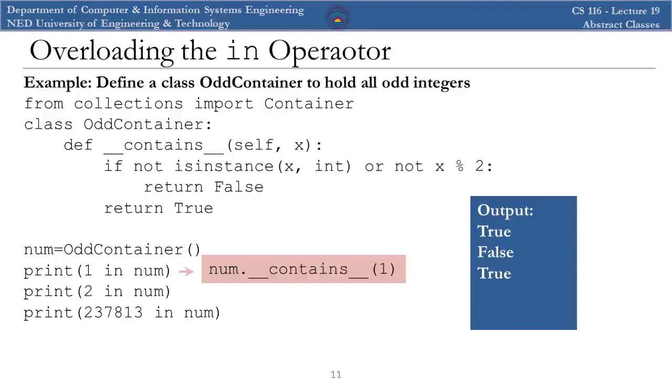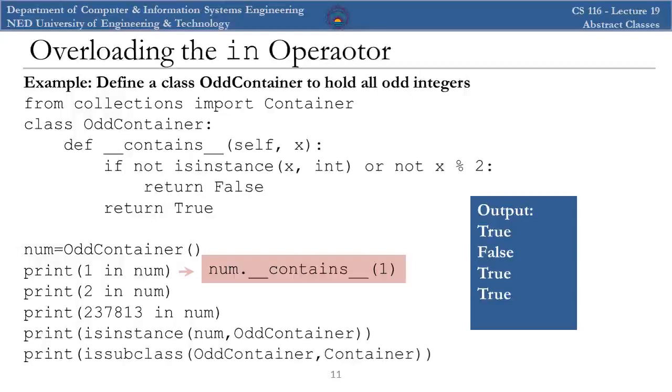Okay, now let me show you one more thing. If I call this isinstance method, isinstance will check if num is an instance of OddContainer. So this should also return true, because that is actually true. num was defined as an object of OddContainer. And I want to check one more method.